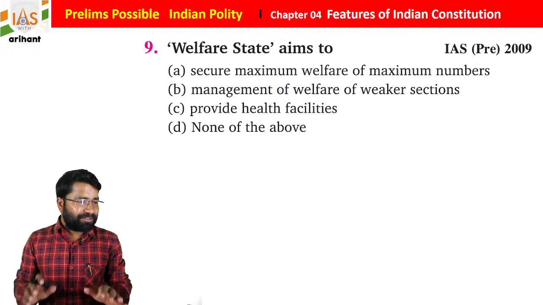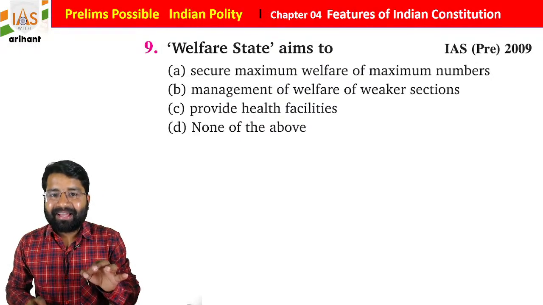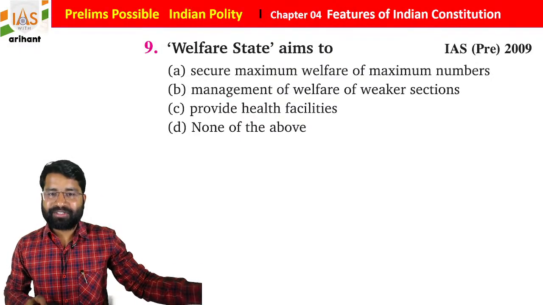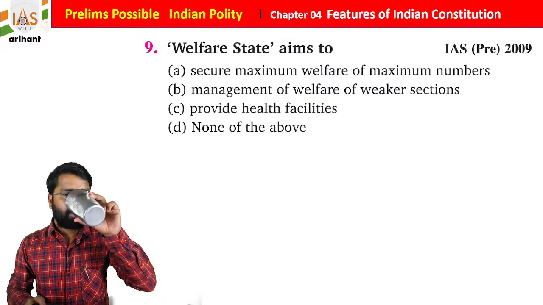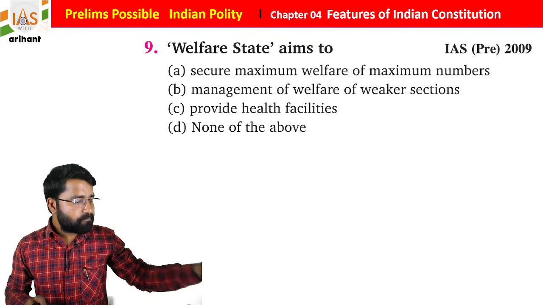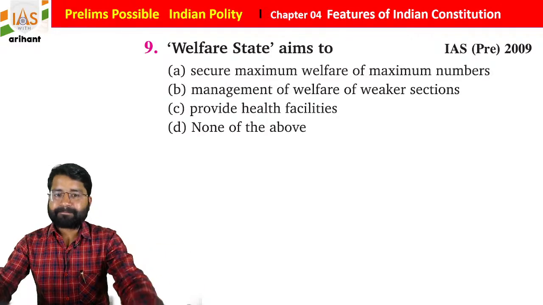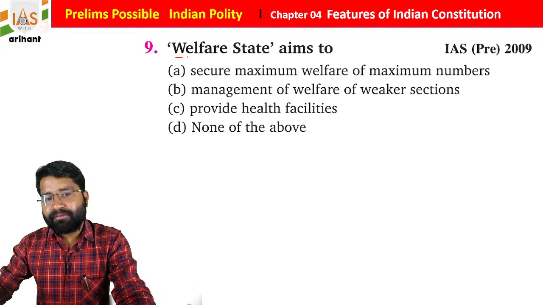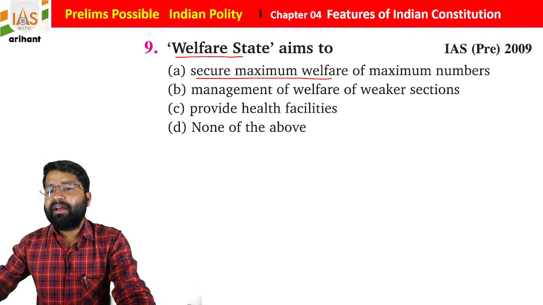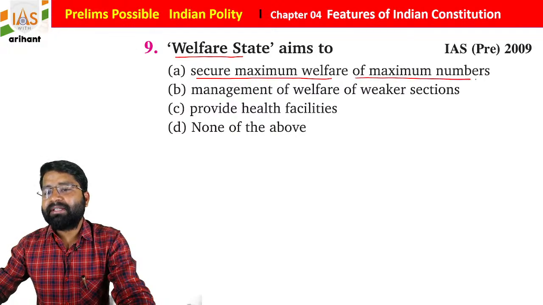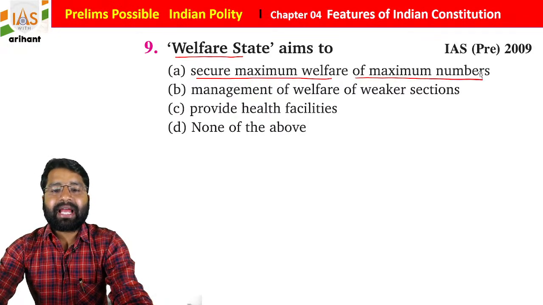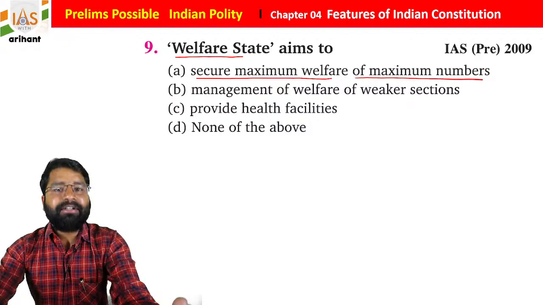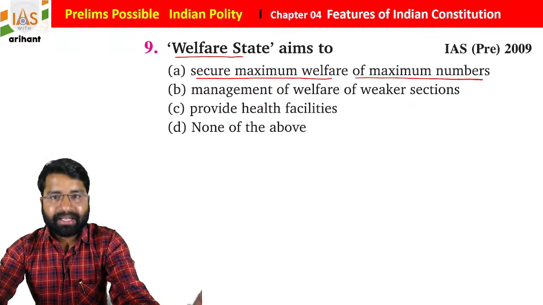You have to choose the right answer according to the statement, students. Welfare state is basically securing maximum welfare of the maximum number, students, meaning they try to provide benefit to the maximum people of their state.